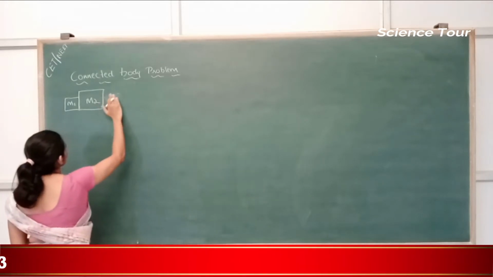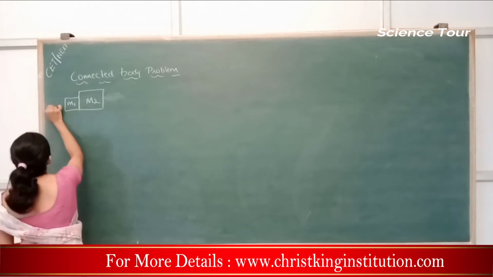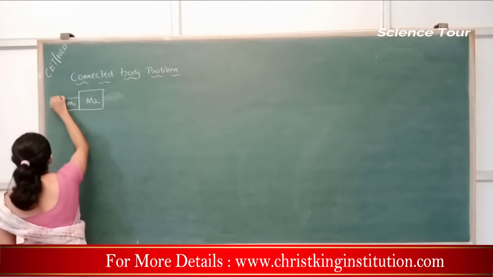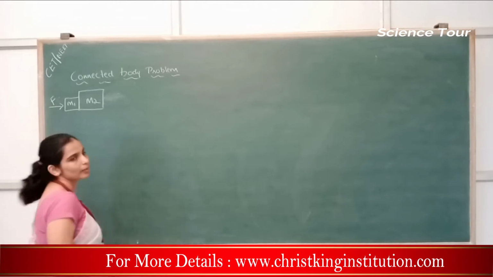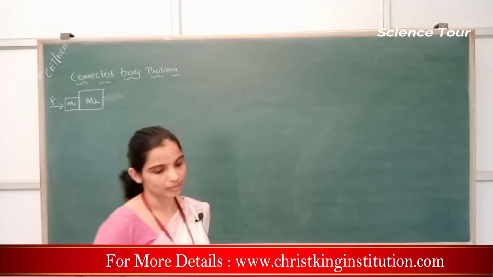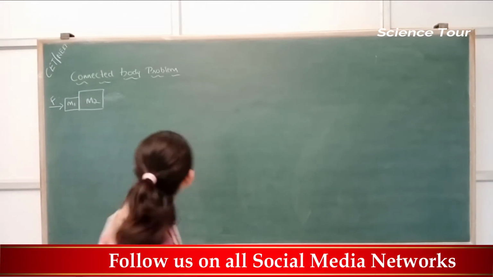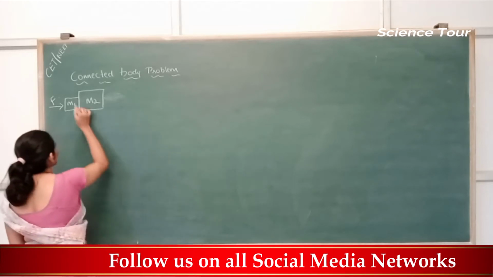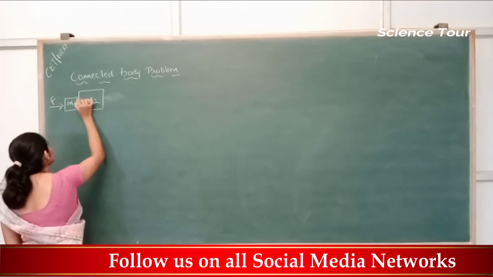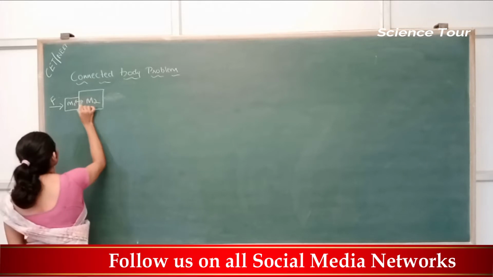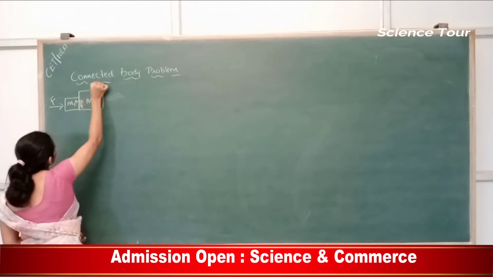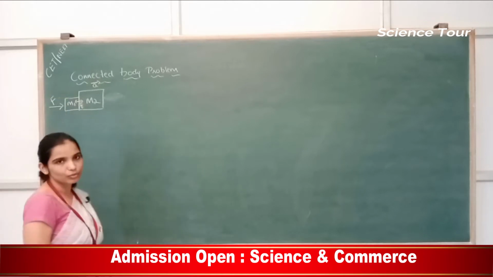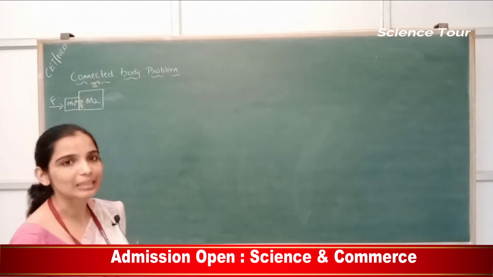External force, you are pushing, right? The external force is applied this way on m1, you are pushing. Now there will be a contact force acting between these two masses. Let me call it small f. Let's say the acceleration is towards the direction of the applied external force.